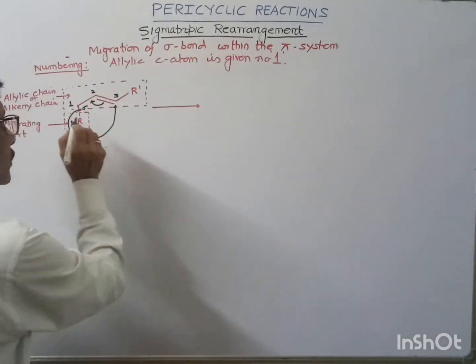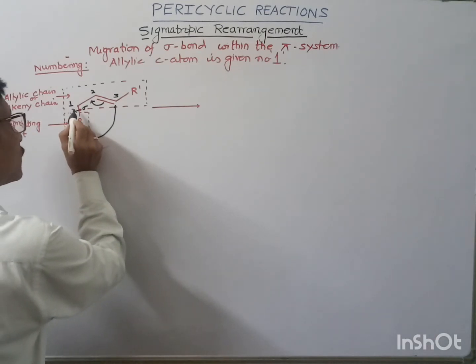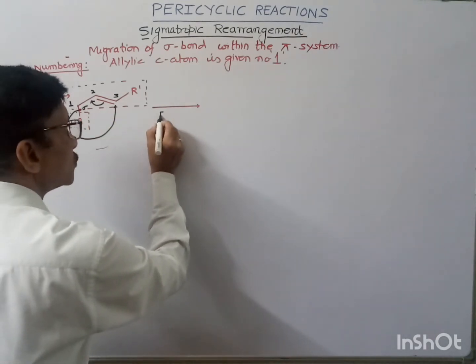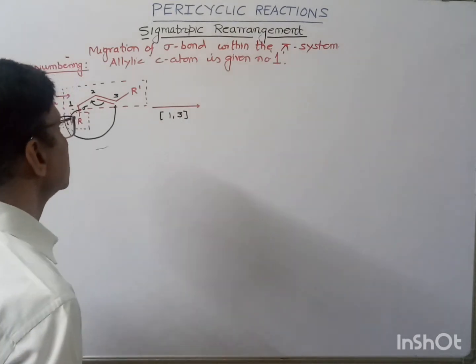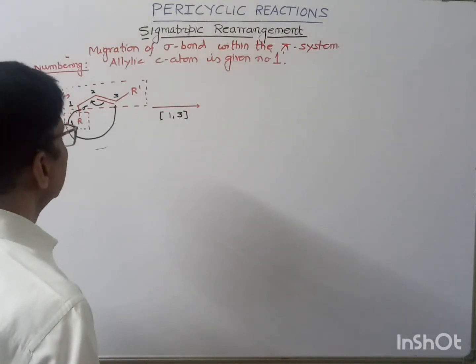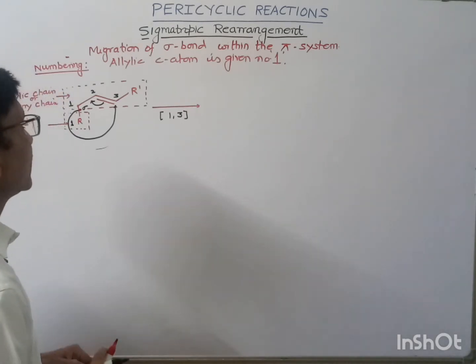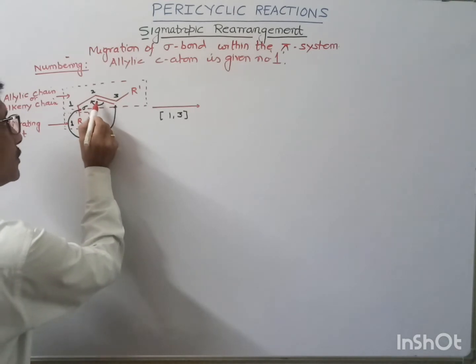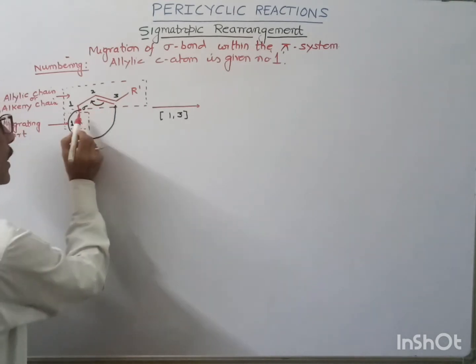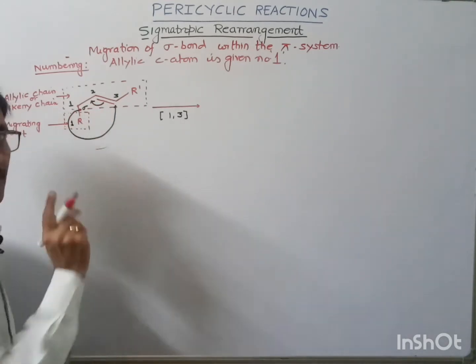Okay, now what kind of shift is this? This is from first to third, so this is a 1,3 shift. This shift is called a 1,3 shift, or 1,3 migration. And how many electrons are involved in this reaction during the migration? 2 pi electrons and 2 sigma electrons are involved.